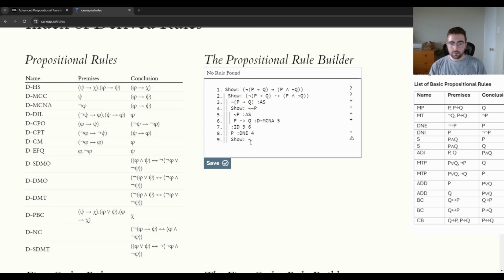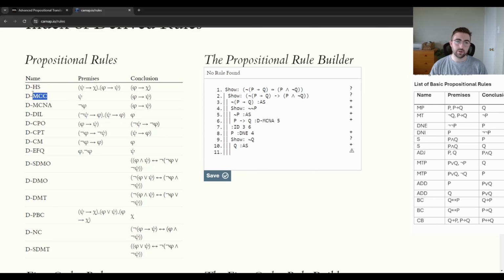So let's show not Q by assuming Q, right? Because if we can show that Q leads to a contradiction, we get not Q. Well, we have this other derived rule, MCC, over here, that says if we have anything, then we can show that anything else implies it. Well, conveniently, we have Q, so we can show that P arrow Q, using our derived rule MCC.